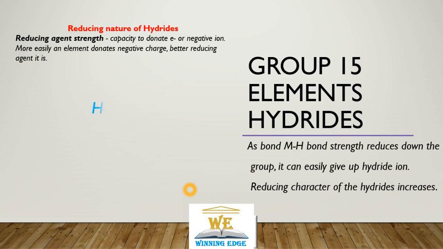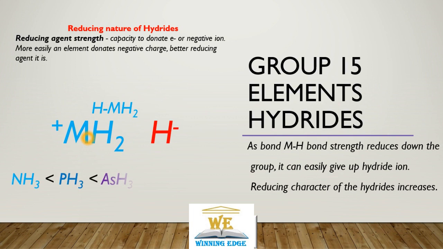So we have a group 15 element with hydrogens attached to it. It gives away hydride and attaches to another species. So what we saw here, bismuth hydride is the strongest reducing agent because of weaker bonds.